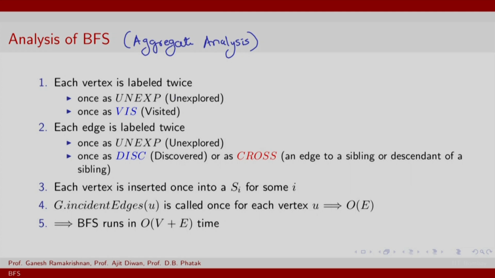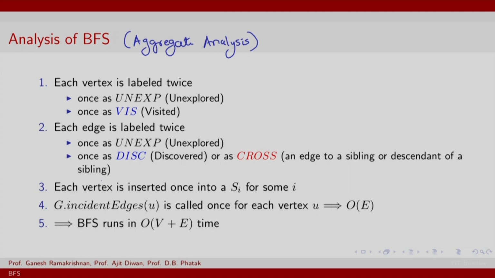So each vertex is labeled twice. Initially it is labeled as unexplored, and the moment you visit a vertex, you label it as visited. In the alternative algorithm that we proposed, each vertex is labeled thrice: once as unexplored, once as visited, and the third time as explored. It is a constant factor.